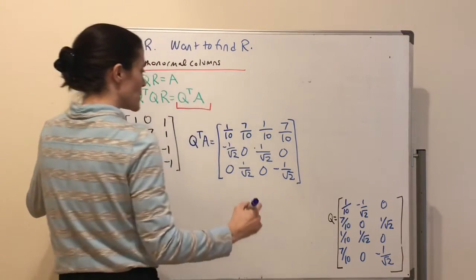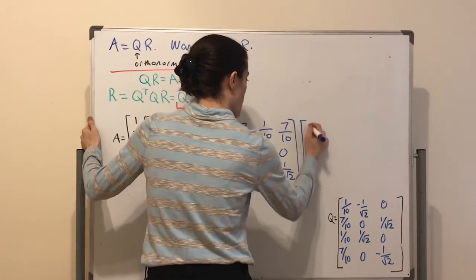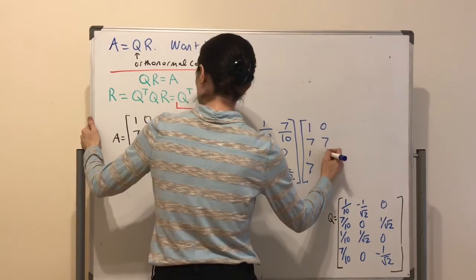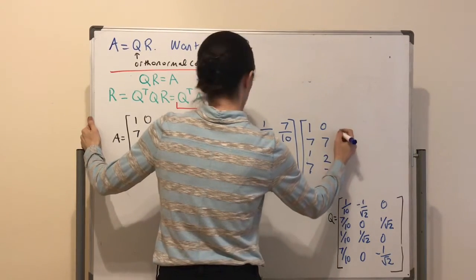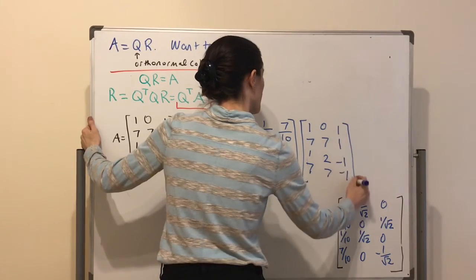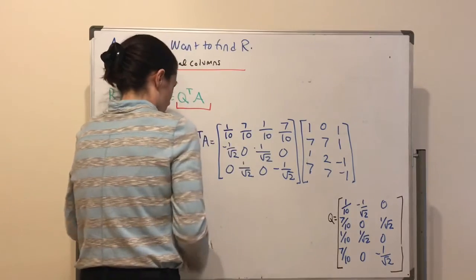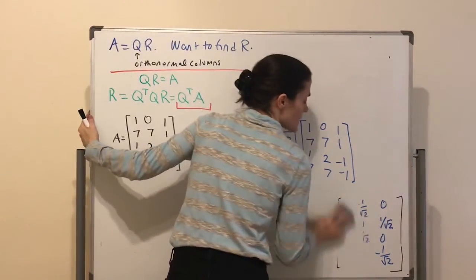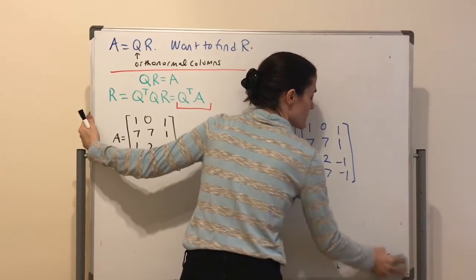And now I multiply by A: 1, 7, 1, 7, 0, 7, 2, 7, 1, 1, minus 1, minus 1. Okay, now I can erase Q because I was able to read off the information.